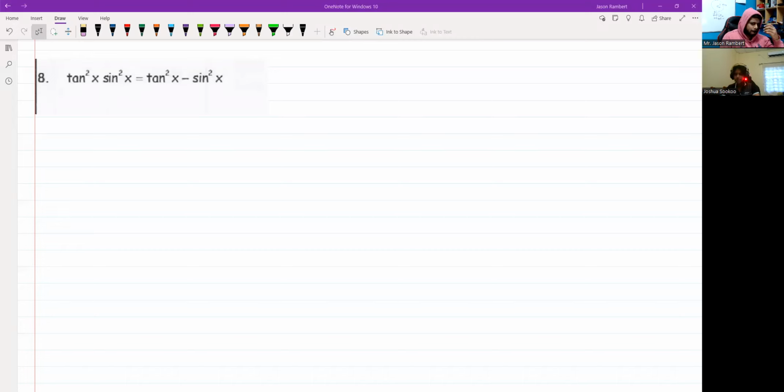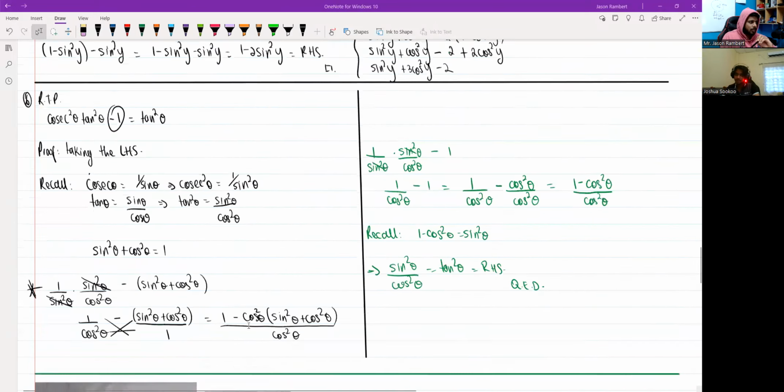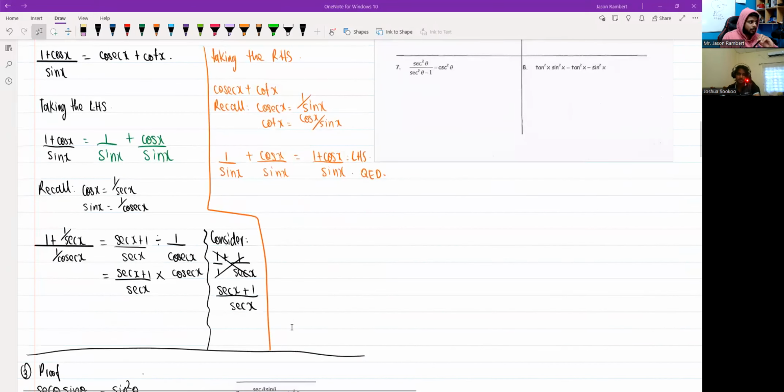Well, I can rub off the left-hand side and then start over with the right-hand side. No, that's counterproductive because, like I said, in the orange working, taking the right-hand side showed me how to prove it using the left-hand side.